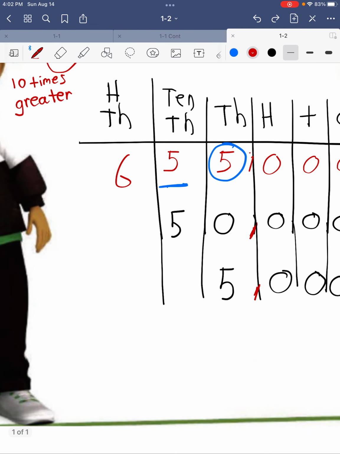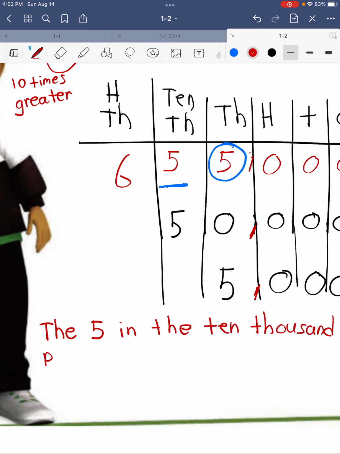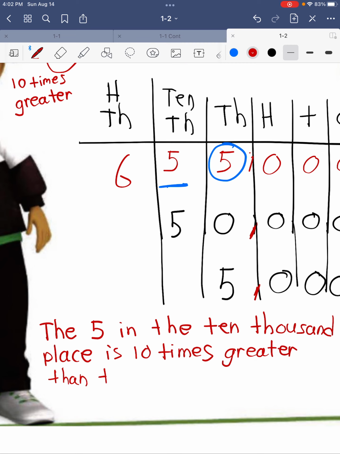So I'm going to write: the 5 in the 10,000 place is 10 times greater than the 5 in the thousands place.